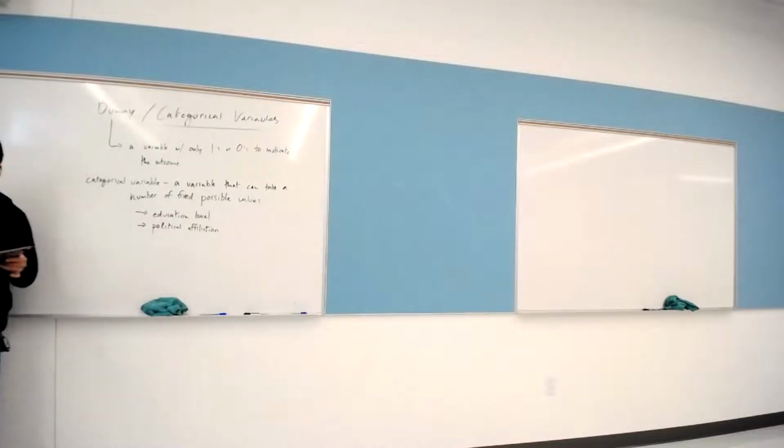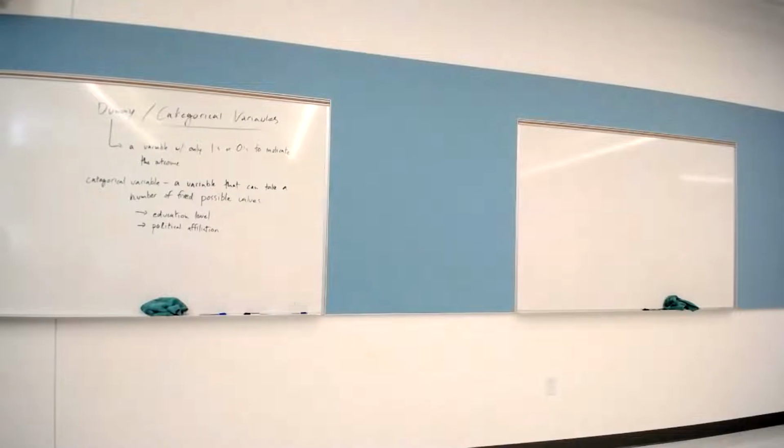So let's take a look at these types of variables in a practical example. I think this is the easiest way to get a grasp of how these work and how you can integrate them into regressions.